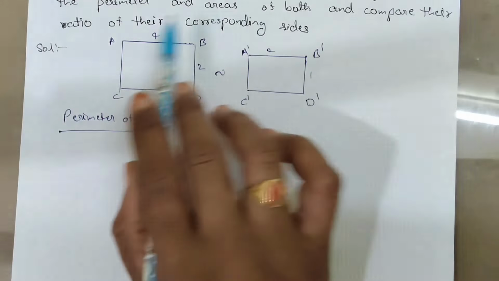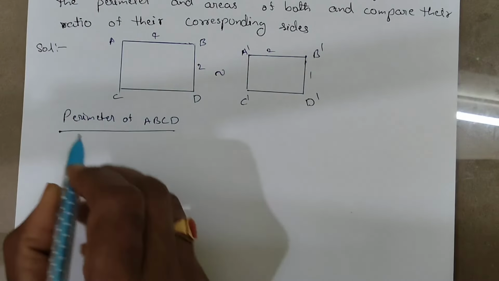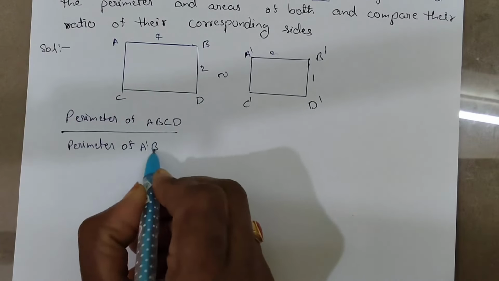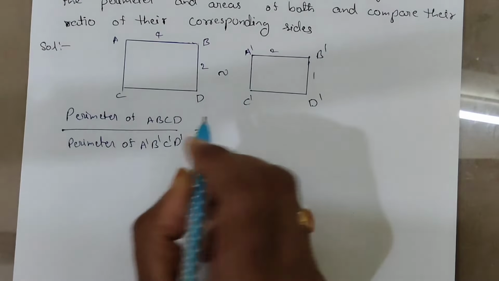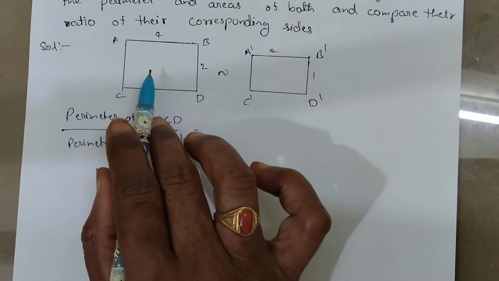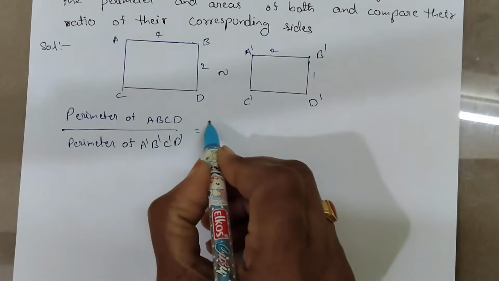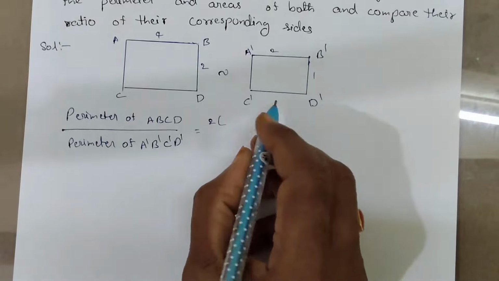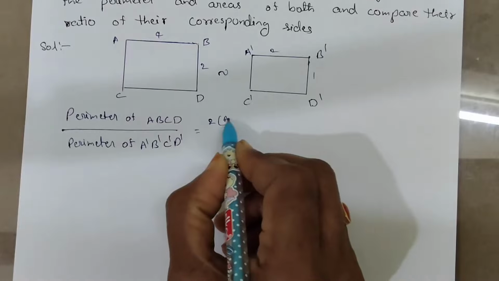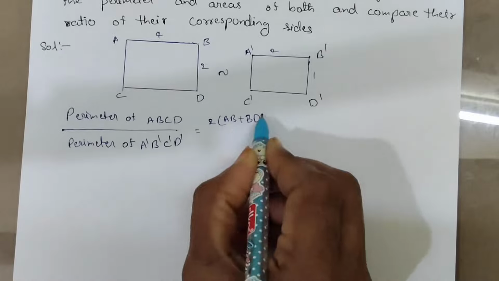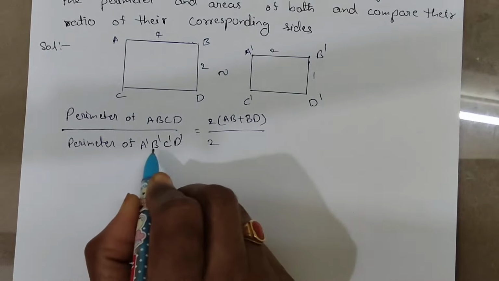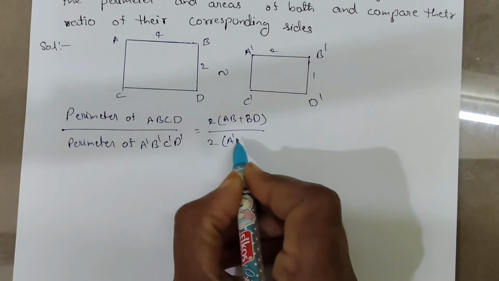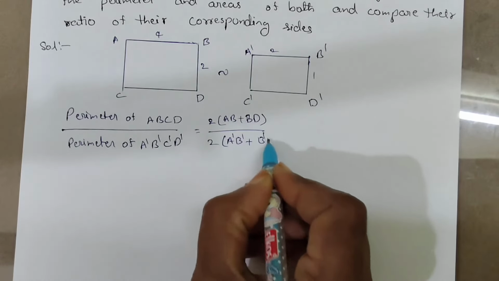Ratio means we divide the perimeter of ABCD by the perimeter of A dash, B dash, C dash, D dash. Perimeter of the first rectangle is 2 into (L plus B), that is 2 into (AB plus BD). Perimeter of A dash, B dash, C dash, D dash is 2 into (A dash B dash plus B dash D dash).